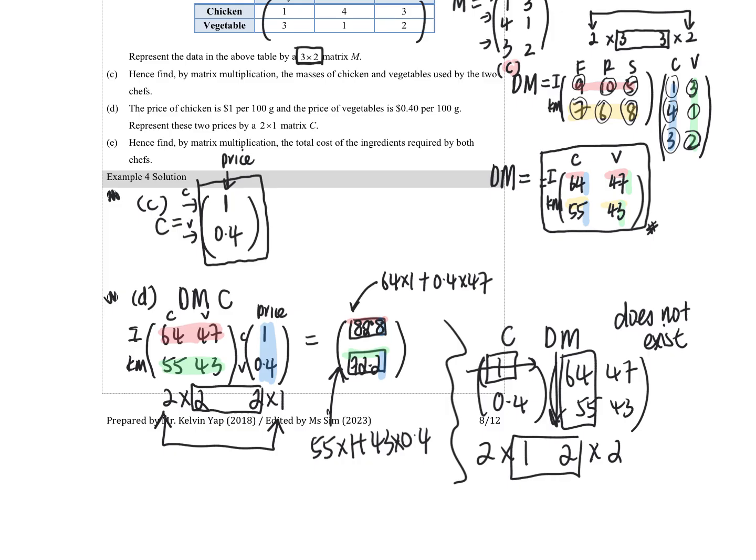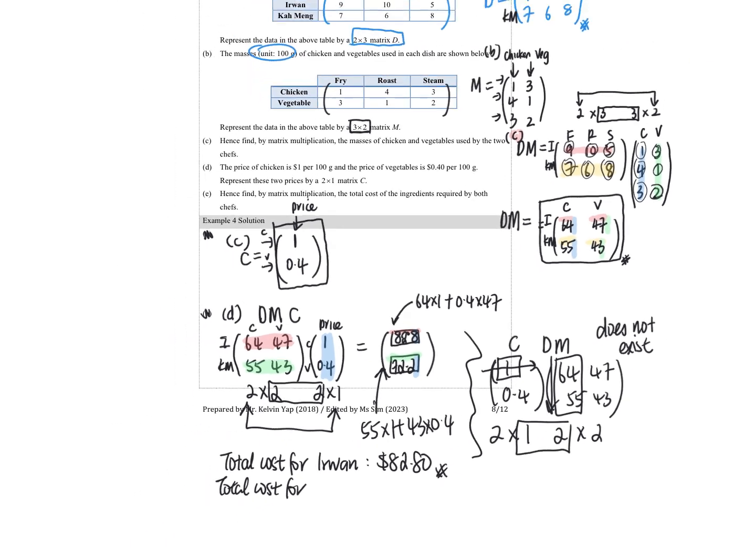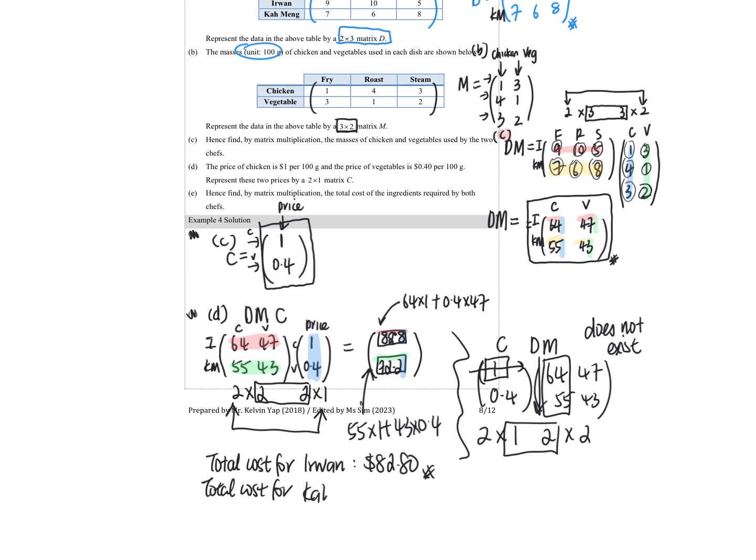Okay, so if you want, you can find total cost for Air 1 is $82.80. Okay, and then the total cost for coming is $72.20. If they ask. If not, the matrix is good enough.